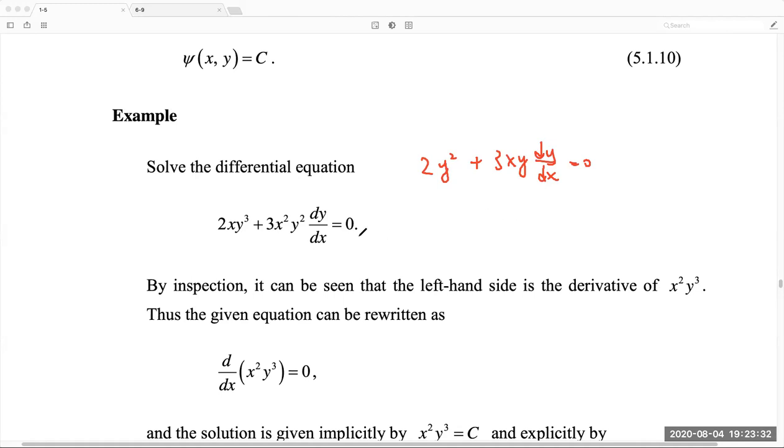Can you try to solve this equation by using separation of variables? Actually, they are equivalent. I just cancel out the x, y on both sides.